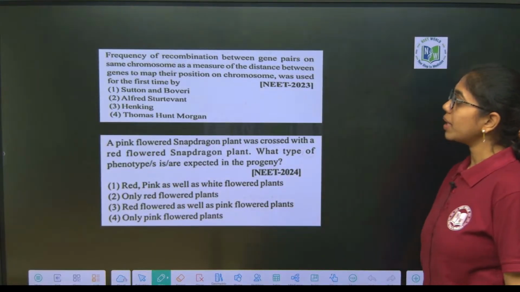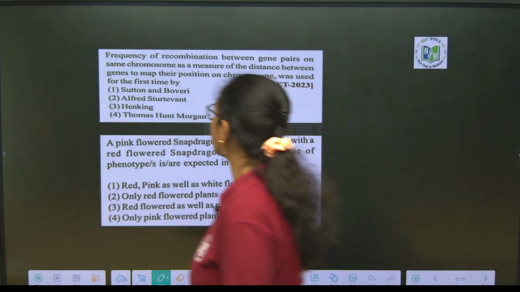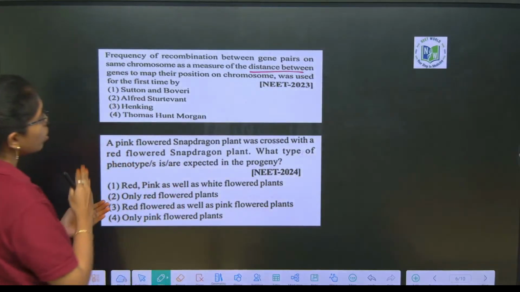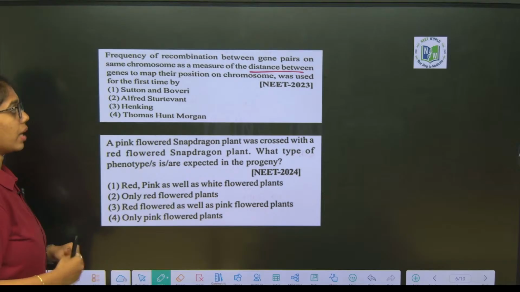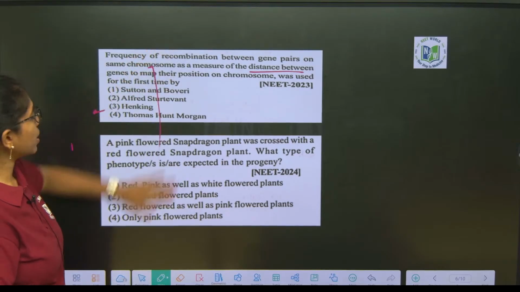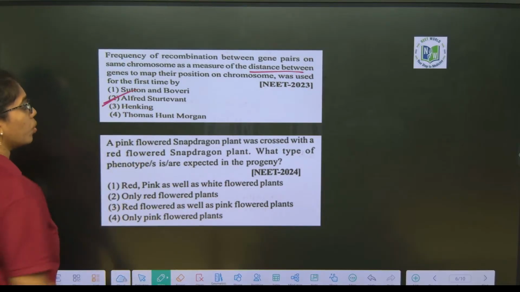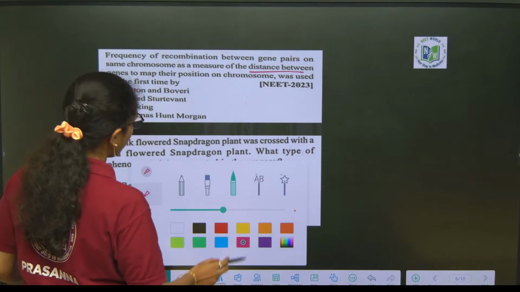Frequency of recombination between gene pairs on the same chromosome as a measure of distance between the genes to map their position on the chromosome was first given by whom? Alfred Sturtevant, that is option 2. Sutton and Boveri proposed the chromosomal theory of inheritance.